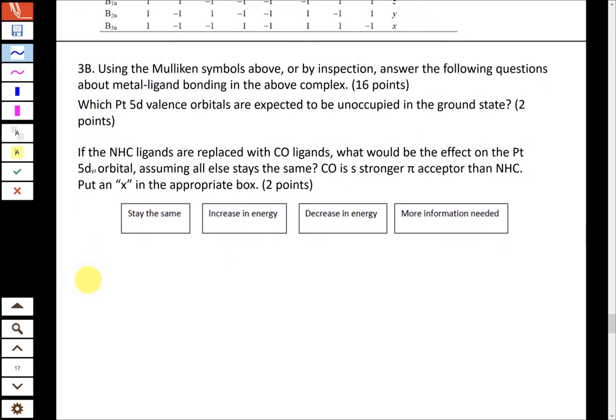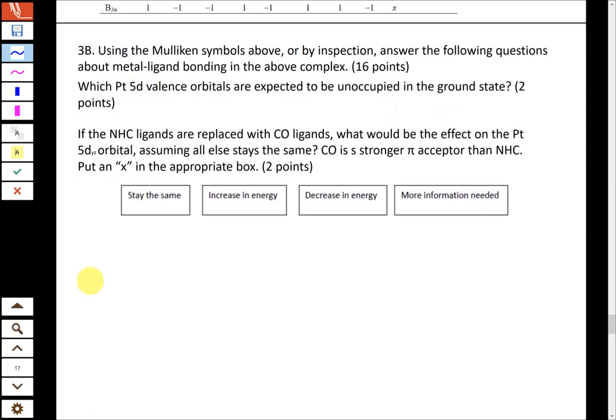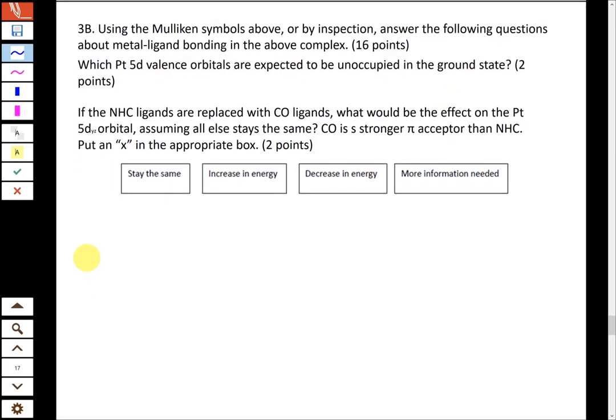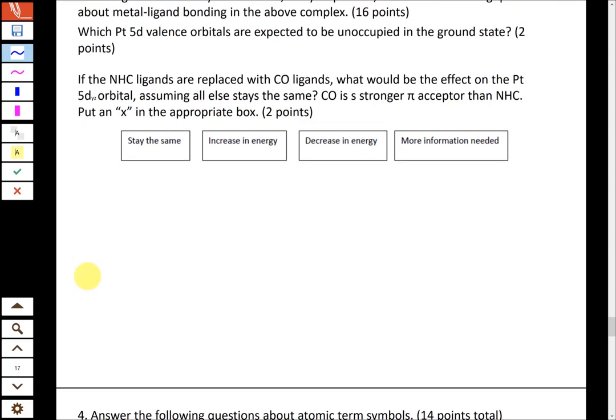which platinum valence d orbitals are expected to be unoccupied in the ground state. So even though the degeneracies of these are going to be a little bit different, these are going to roughly follow the square planar orbital splitting diagram. So remember, for square planar, we start with octahedral, and then when we remove ligands from the z-axis, we're going to have, if we go to D4H, this one's again D2H, that's even lower symmetry than this.